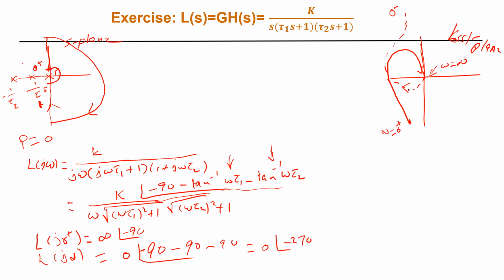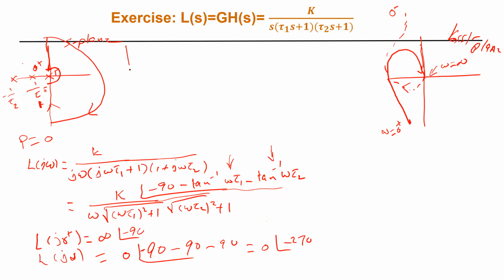Okay? So first of all, how do I close between 0 plus and 0 minus? We said we start from 0 plus, go all the way to infinity and come back in the negative, and you reach 0 minus.